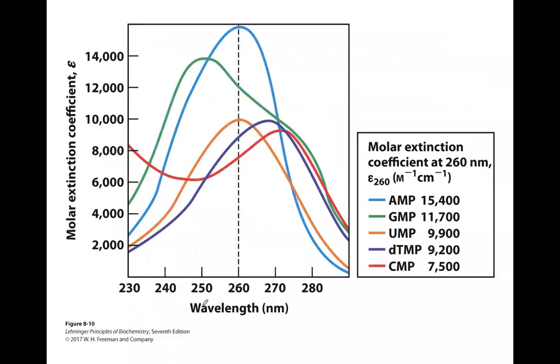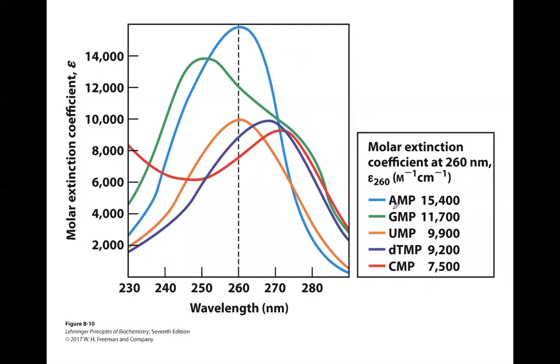And this is just some curves showing that different nucleotides absorb with different extinction coefficients and different wavelength maxima, right? Remember, the extinction coefficient tells you how much light is actually absorbed, the intensity of the absorption.